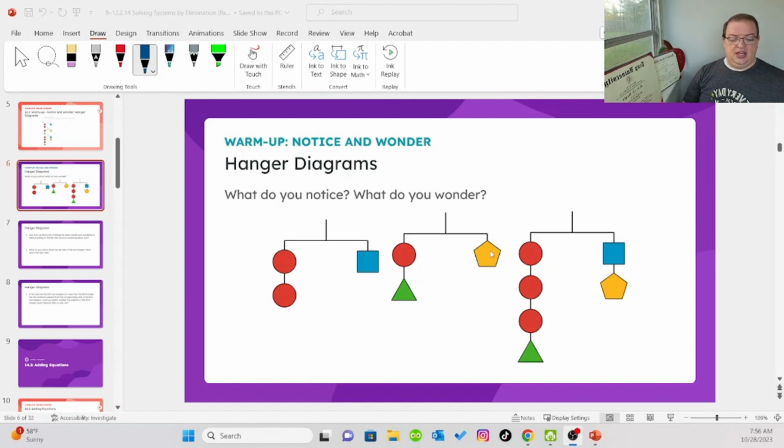But if I take this yellow pentagon and add it to the blue square, that should even it back out again, because if I added this much weight and it's equal to this much weight, then when I add them together, I expect that the combined hangers would also be equal. So this is a visual representation of what we've been talking about in our equation manipulation.